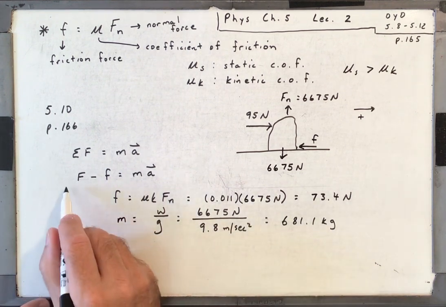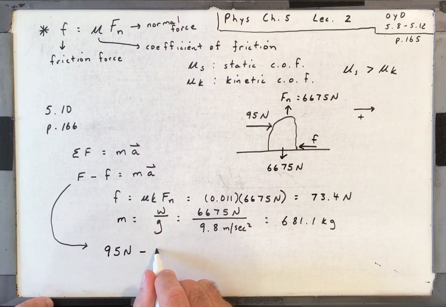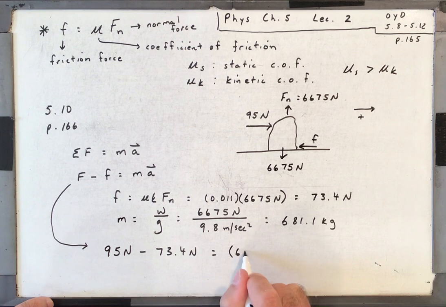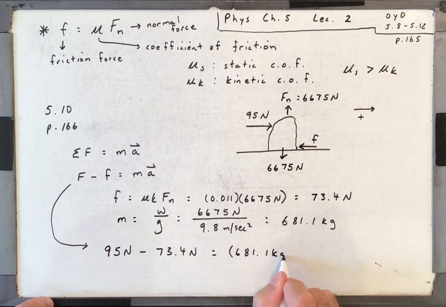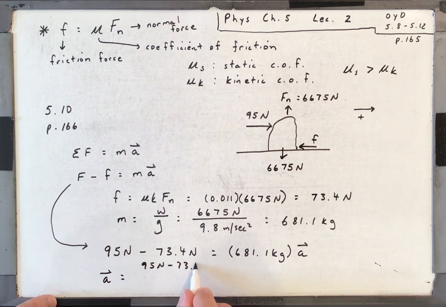So now we can use this equation. Our force to the right, what the man is pushing at, 95 newtons, minus the frictional force, 73.4 newtons, is equal to the mass, 681.1 kilograms, times acceleration. So acceleration is going to be 95 minus 73.4, which is 21.6, divided by 681.1 kilograms.